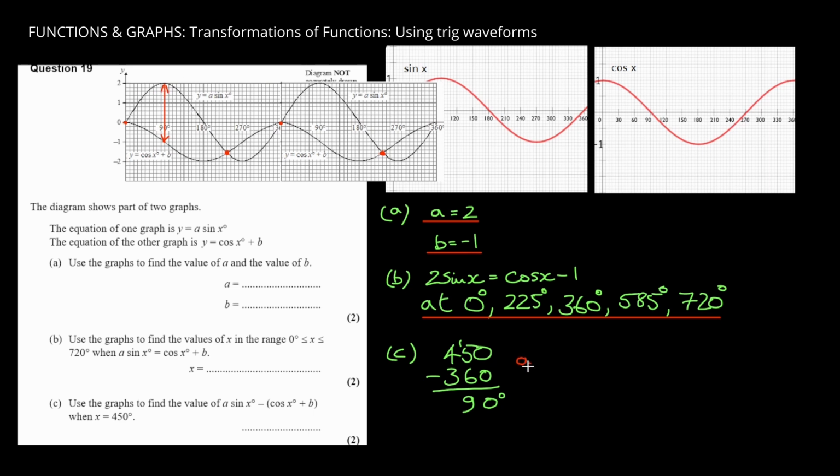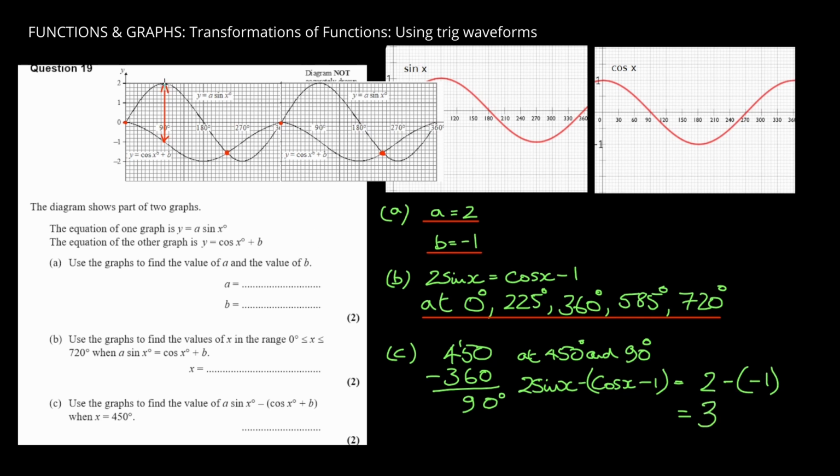So I can say at 450 and 90 degrees, 2 sin x minus (cos x minus 1) equals, well, sin x at that point is 2, and the value of cos x at 90 is -1. Taking that bracket away, this will turn positive, so our answer will be 3. And it's confirmed by the graph: 1, 2, 3. So that's your answer for part C.